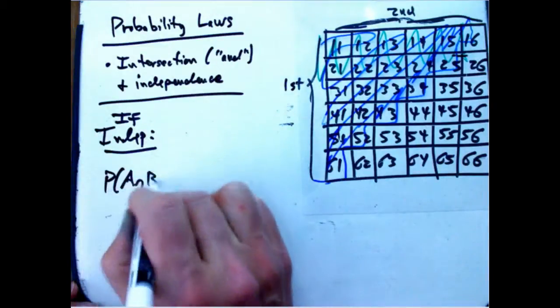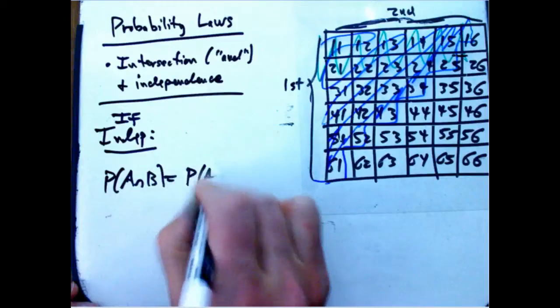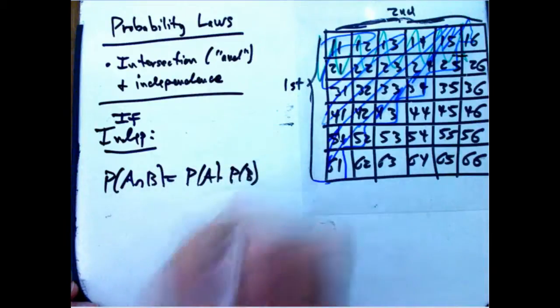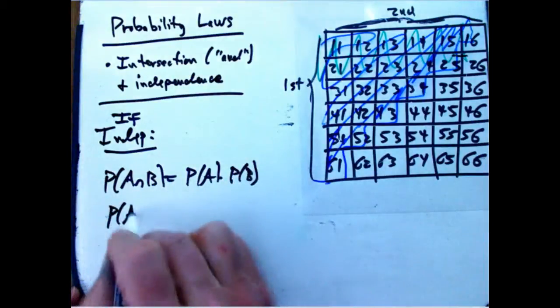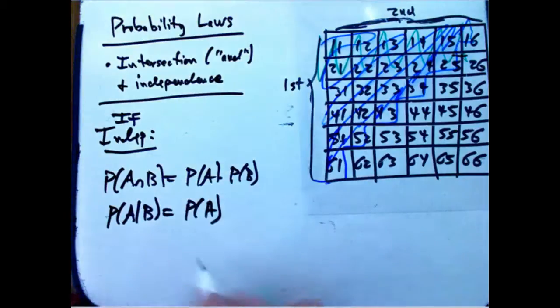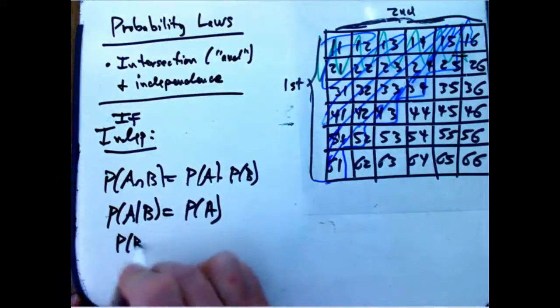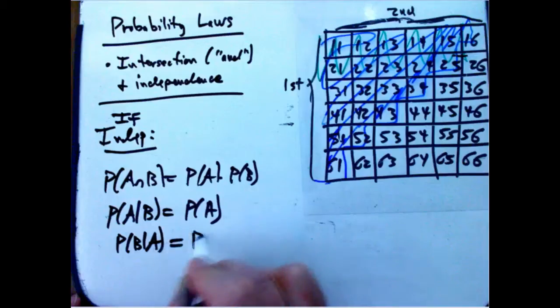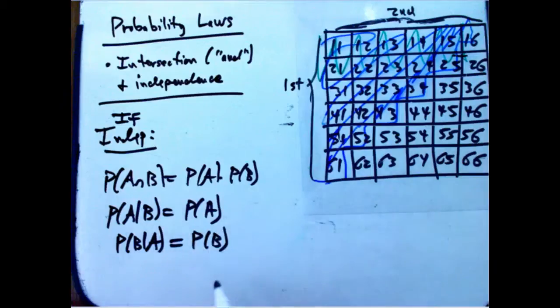The probability of both being true is the probability of A times the probability of B. You get it, the multiplication law. Another way to say it is the probability of A given B is the same thing as the probability of A. And for the probability of B given A, telling me that A happened makes no difference because these are independent. Whether A happens or not doesn't affect it.